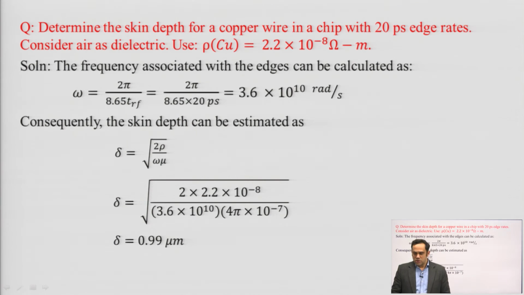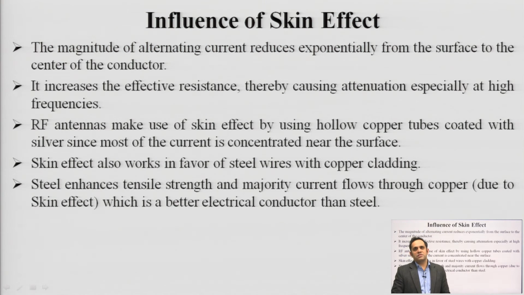This whole phenomenon of skin effect has also been used. It is not necessary that it is a negative effect. It might sound like that, because all the current is concentrated only on the surface or the skin of the conductor, it might seem like some kind of parasitic effect.